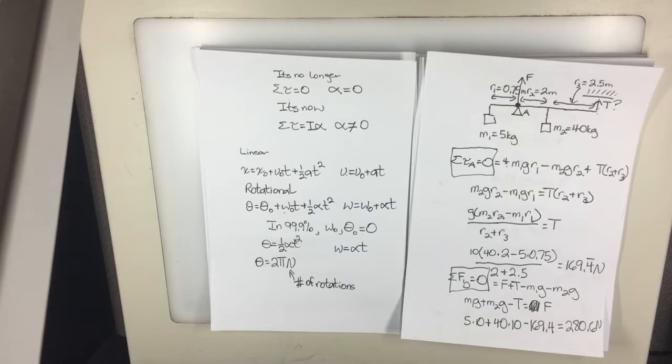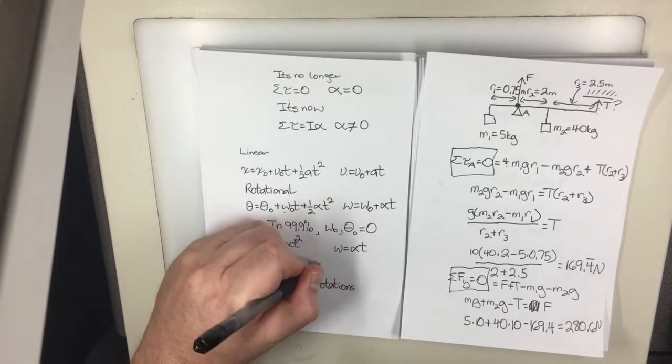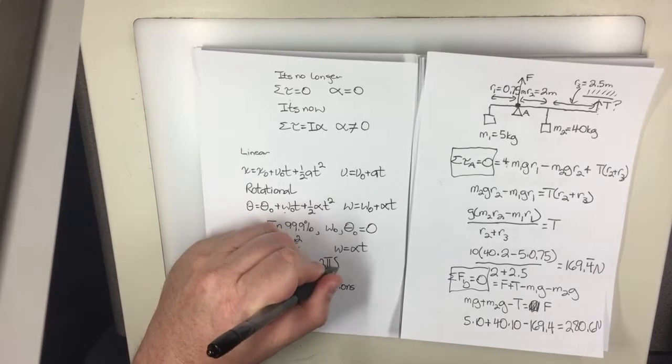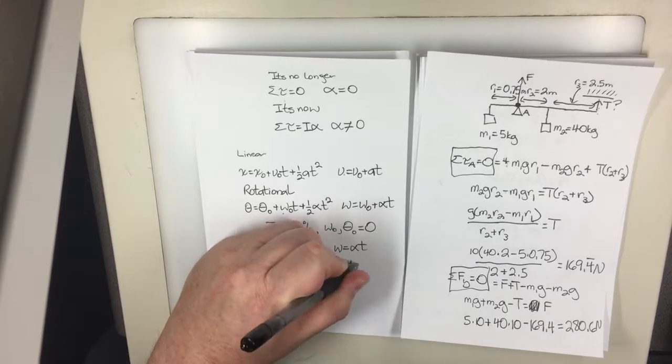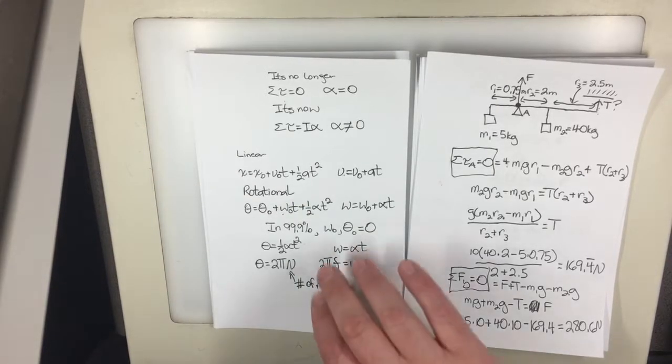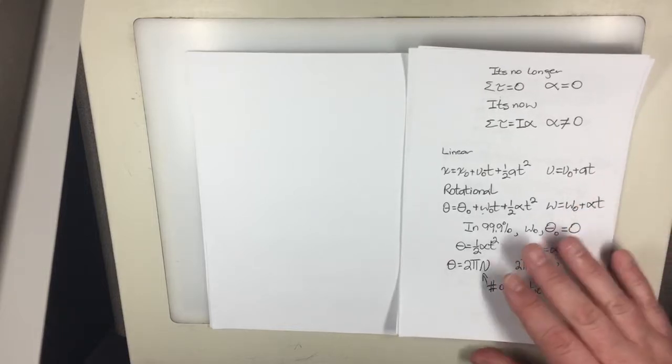So if you rotate 1 time, that's 2 pi radians. If you rotate 3 times, that's 6 pi, and so on. You know that 2 pi f is equal to omega. So there will be certain situations where you have to substitute in for that.